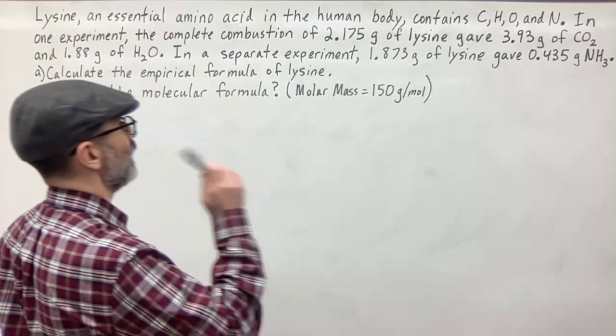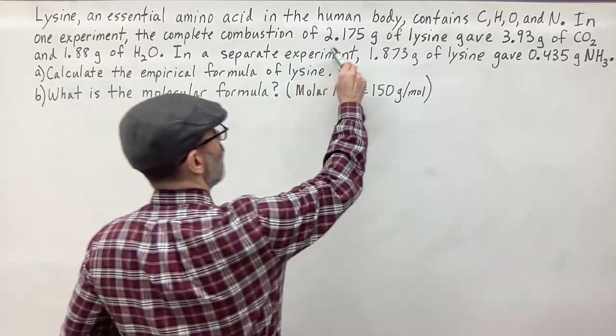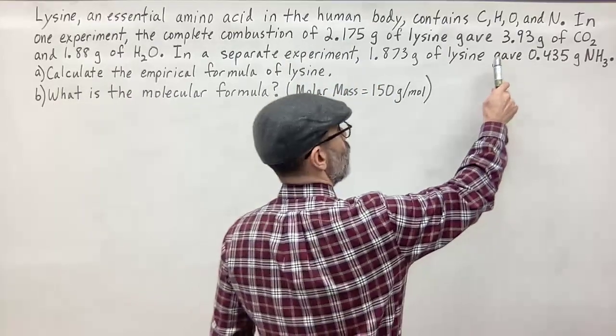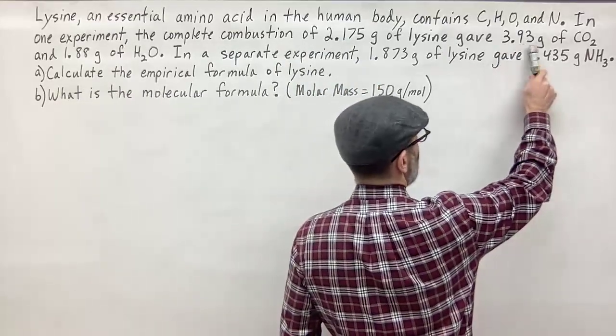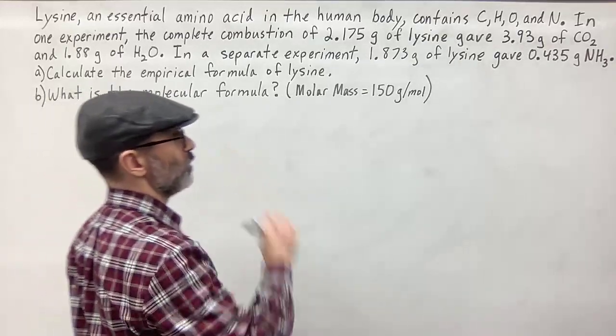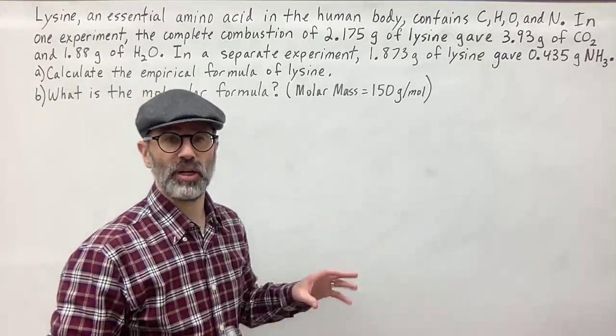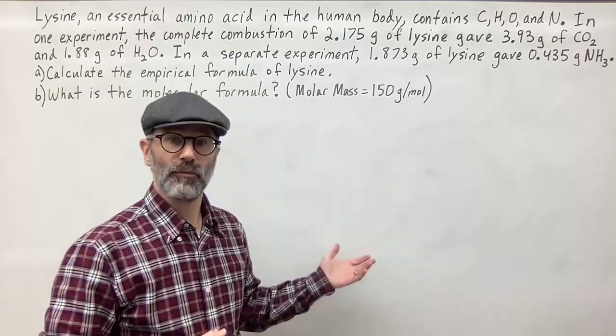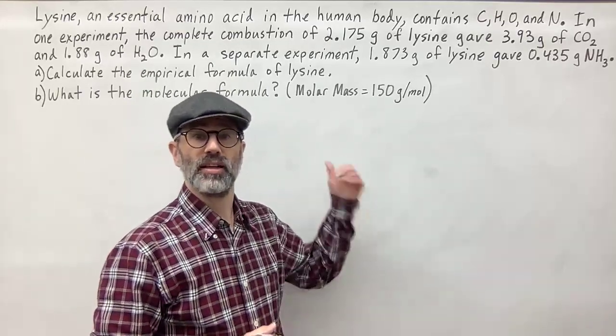They give us that 2.175 grams of lysine gives you 3.93 grams of carbon dioxide. So we want to convert carbon dioxide to carbon. All of the carbon in the carbon dioxide came from the lysine.